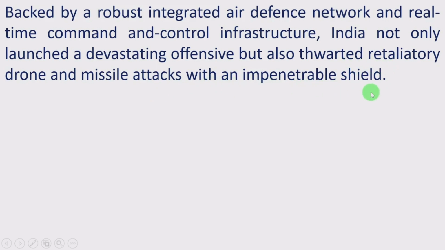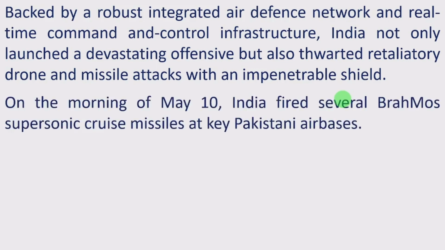That means the air defense system forms an impenetrable shield. Using the S-400 air defense system and the Akash air defense system, which worked successfully, they stopped all possible attacks from Pakistan using drones as well as fighter aircraft.